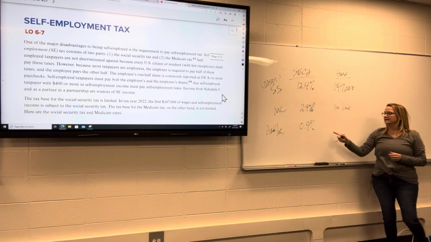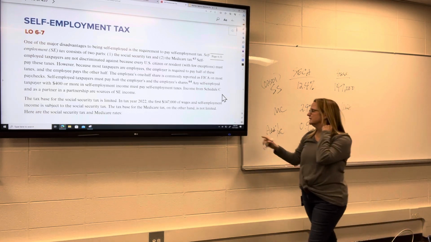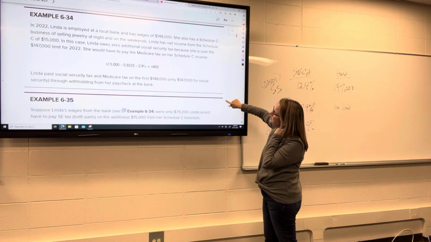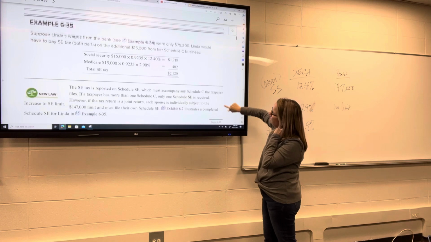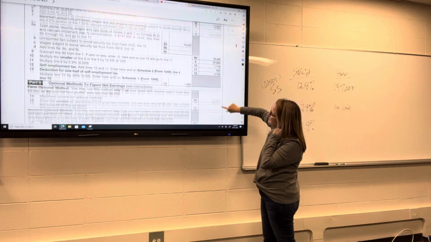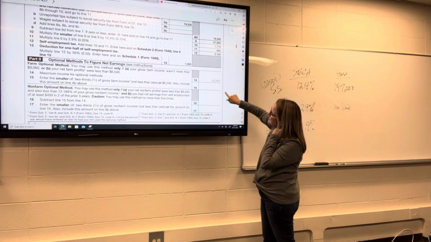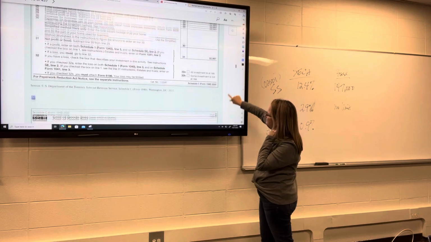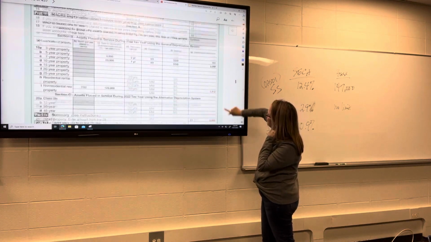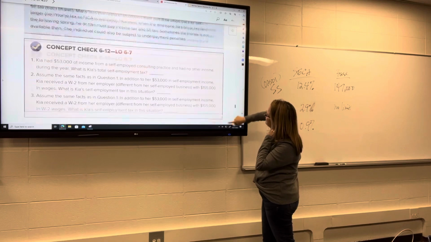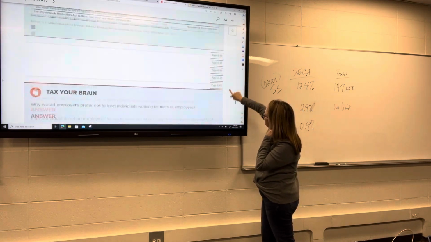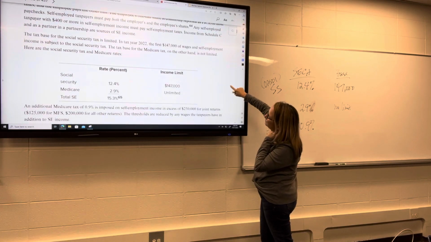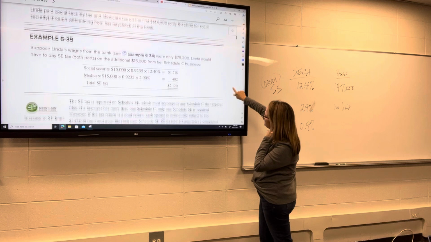Right? That additional Medicare tax, now when we learned it in payroll accounting, let me see it here, 2.9. That additional Medicare tax is actually applied in a different spot on the tax return. I want to see if they even talk about additional Medicare tax here. I don't think they do. Yeah, so that additional Medicare tax though is applied in a different spot on the tax return.